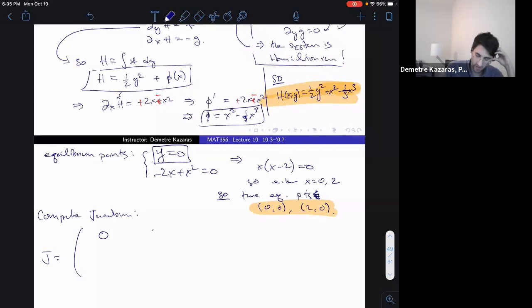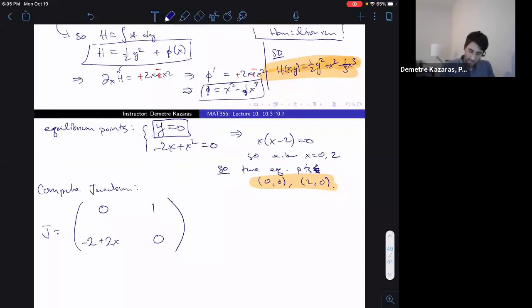The y derivative of the first entry, that's 1. The x derivative of that second entry is -2 plus 2x, and then the y derivative, the mixed partials are 0 here. All right, so let's see what's going on.